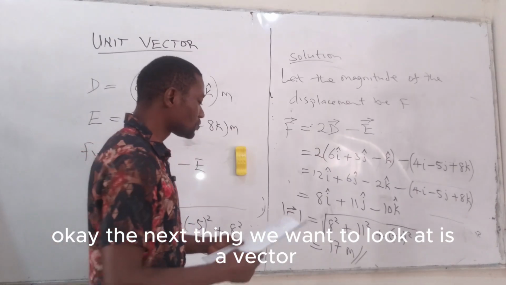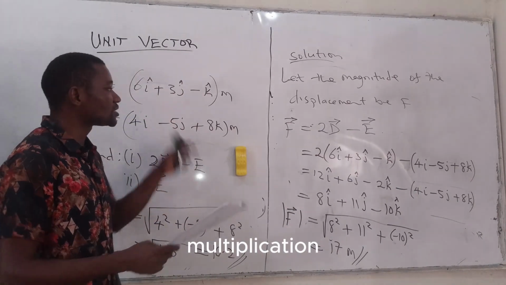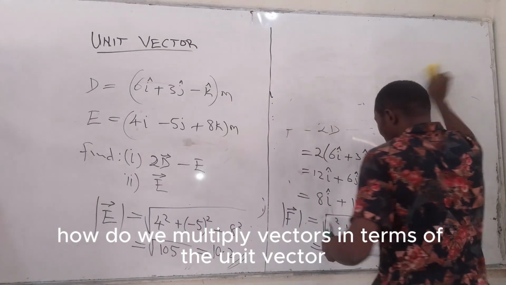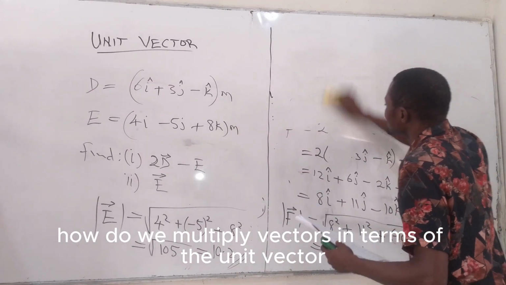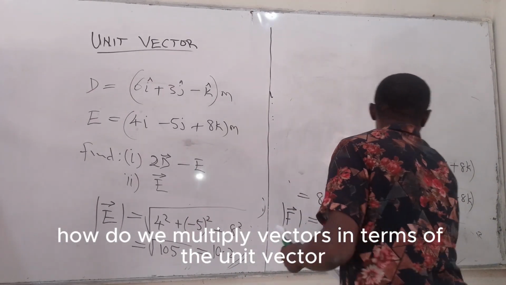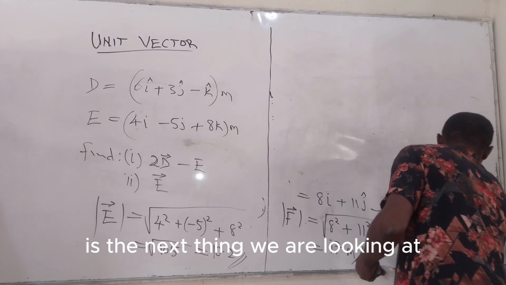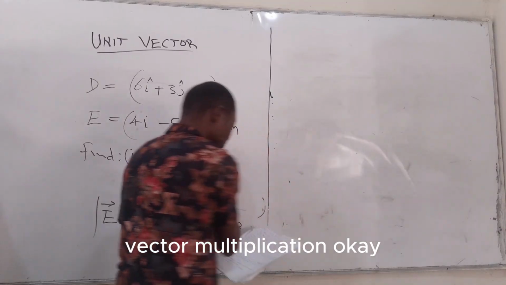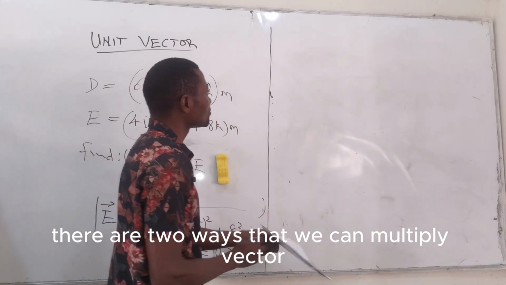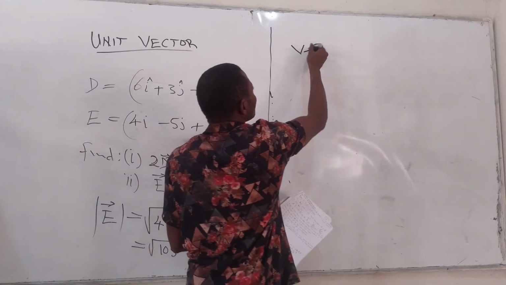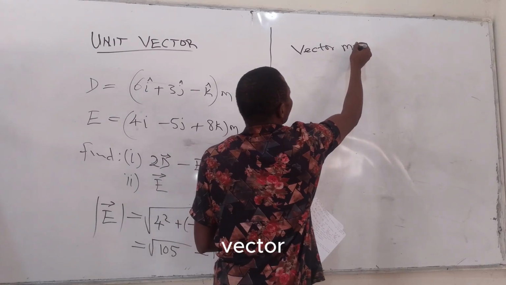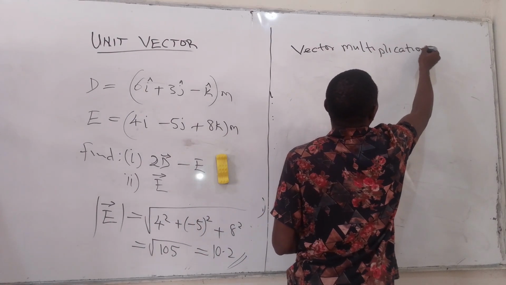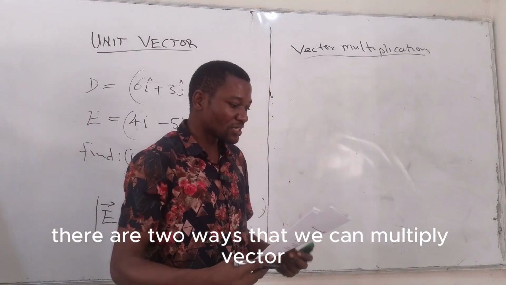Okay, the next thing we want to look at is vector multiplication. How do we multiply vectors in terms of the unit vector? Okay, there are two ways that we can multiply vectors.